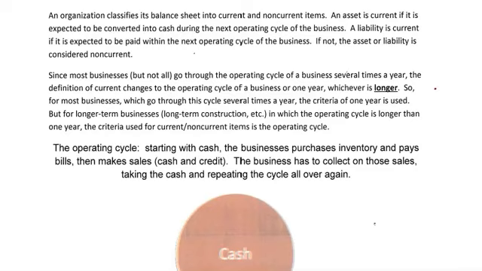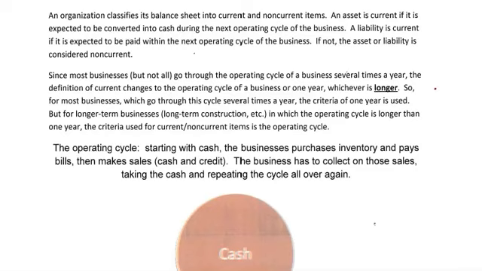So I'm a hardware store. Let's say I've got a note payable due in 2 years. My line of demarcation is 1 year, whether something is current or non-current. So that 2-year note payable is going to show up as a long-term liability on my books.